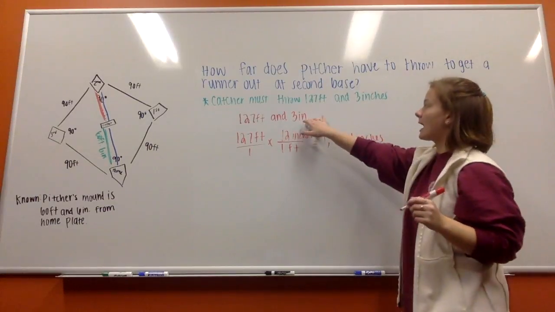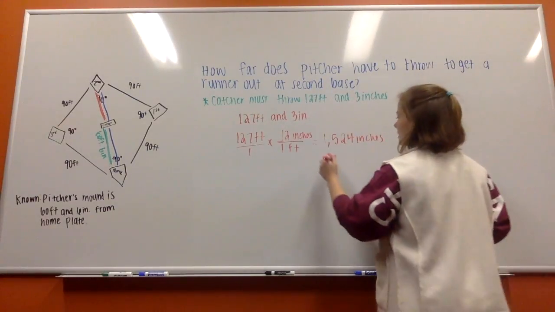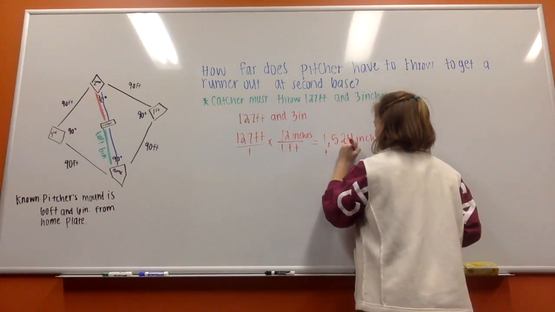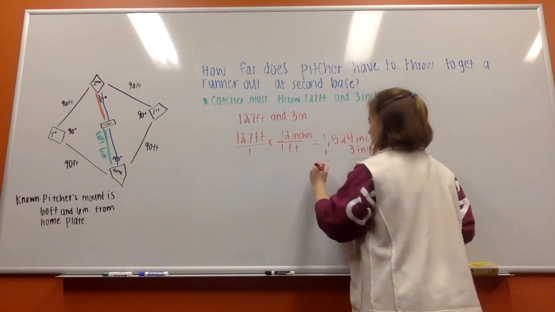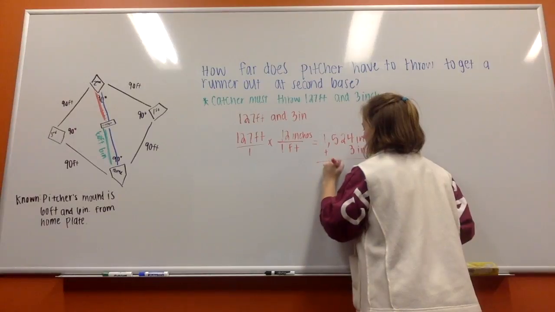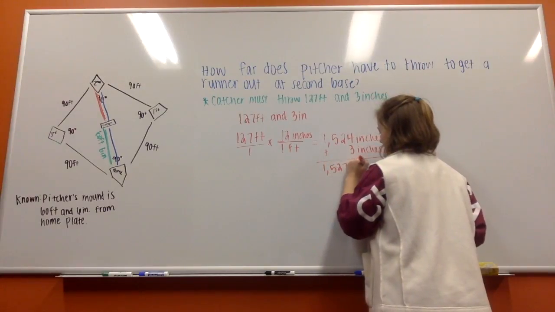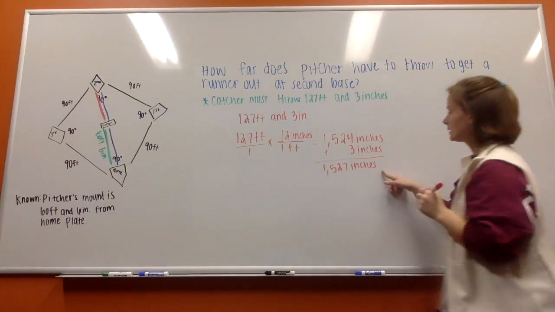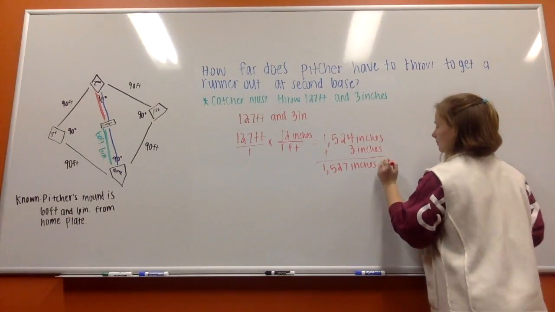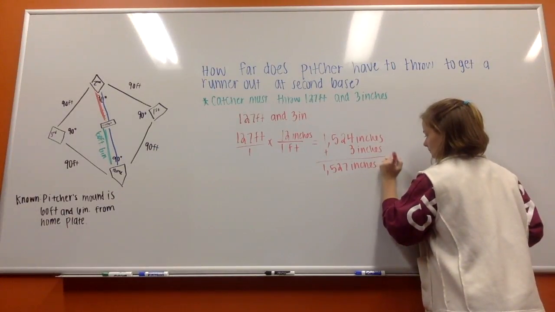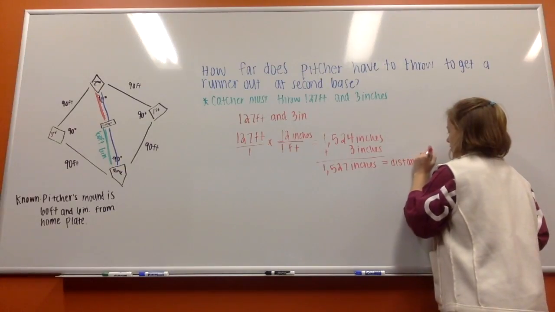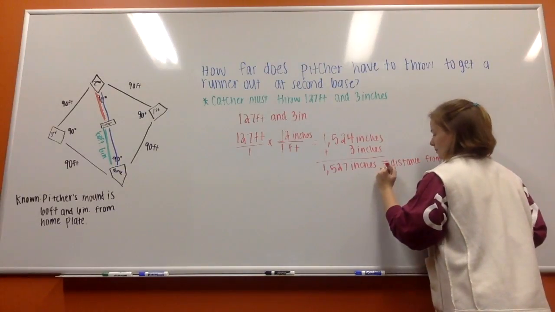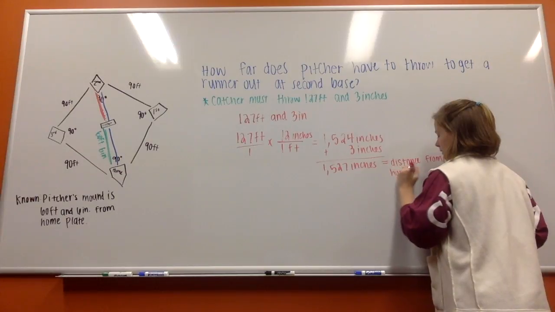Now don't forget to add in our 3. So plus 3. And I get 1,527 inches. Now this is our distance in the blue. So distance from home to second.